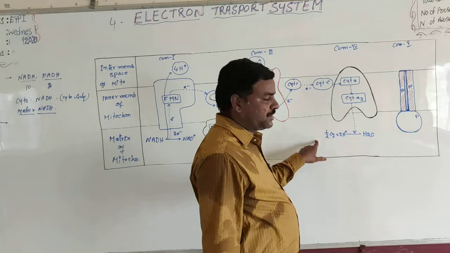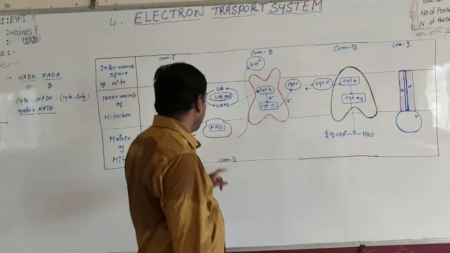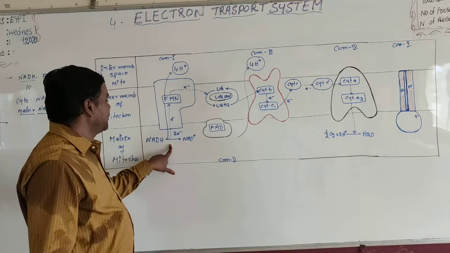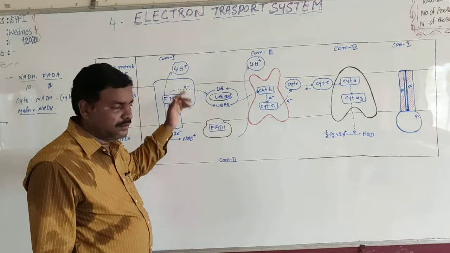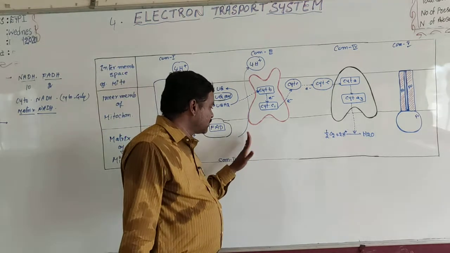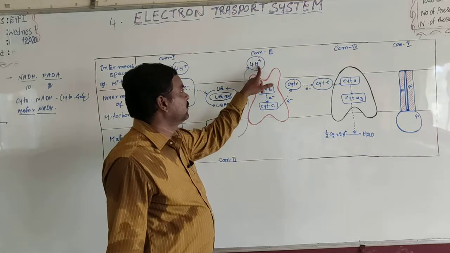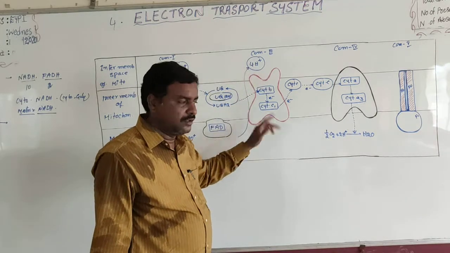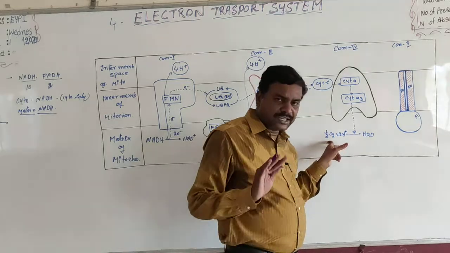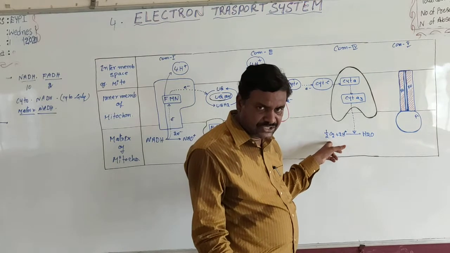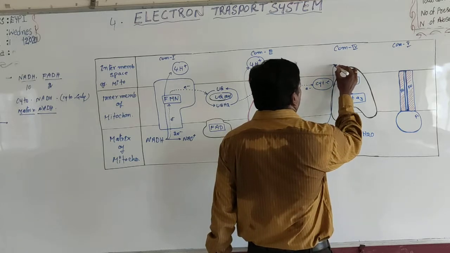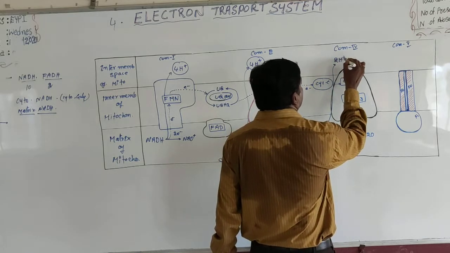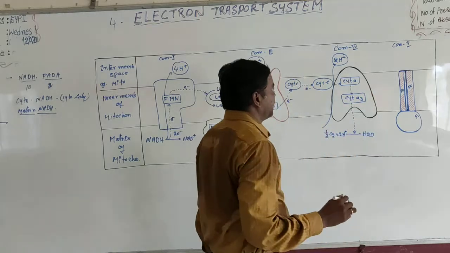Most important point here also: 4 H plus are removed from the matrix and enter into the intermembrane space here. Another 4 H plus are also removed from the matrix and enter into the intermembrane space here. Here also 4 H plus are removed from the matrix, but only 2 H plus are transferred into the intermembrane space.